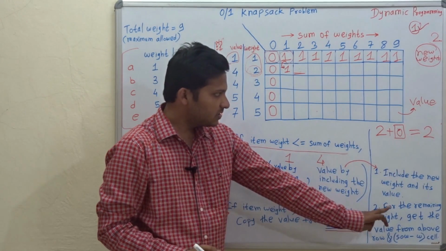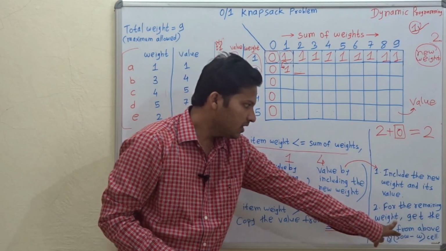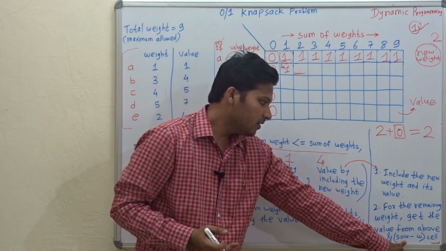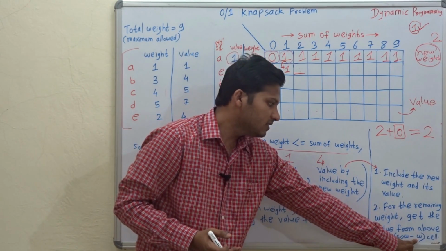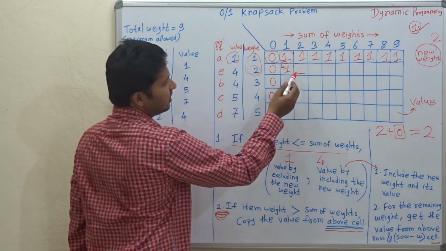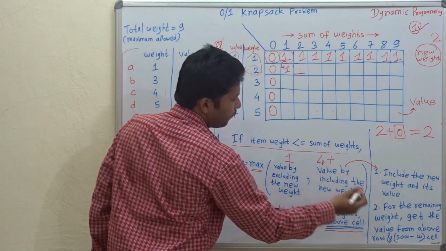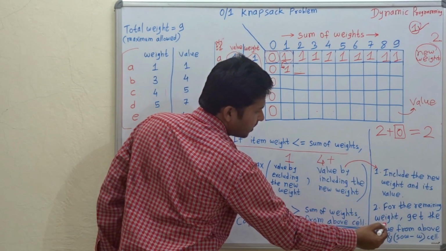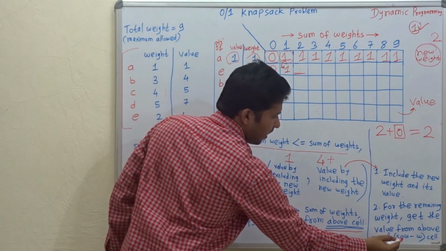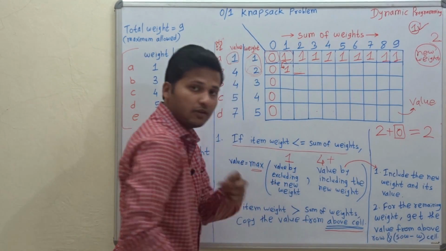So the second step says that for the remaining weight, get the value from the above row and SOW minus W cell. So what is that? You have to get the value for this second step from the above row and SOW minus W cell.